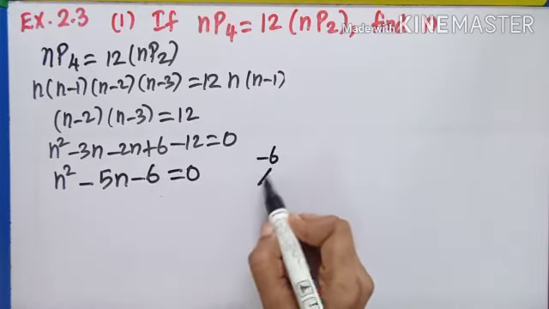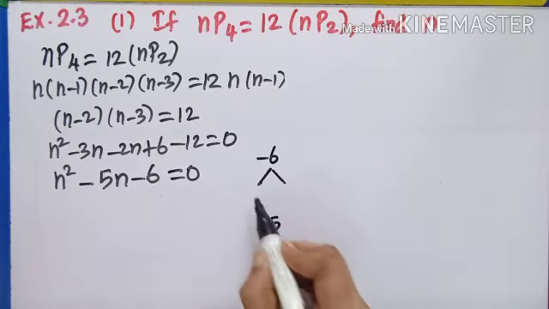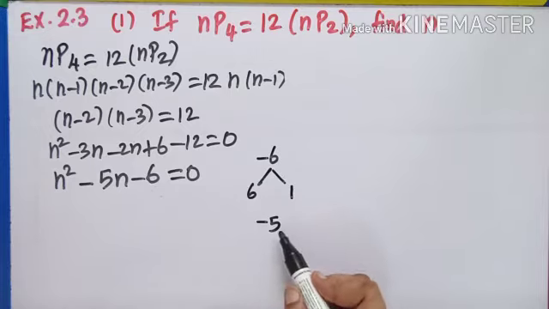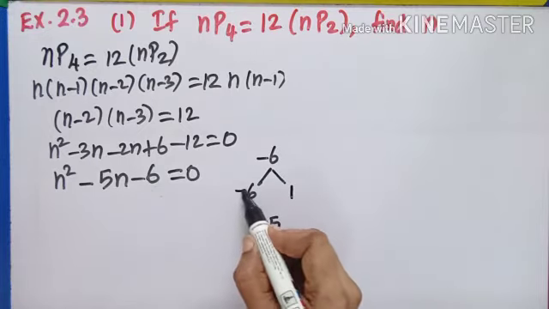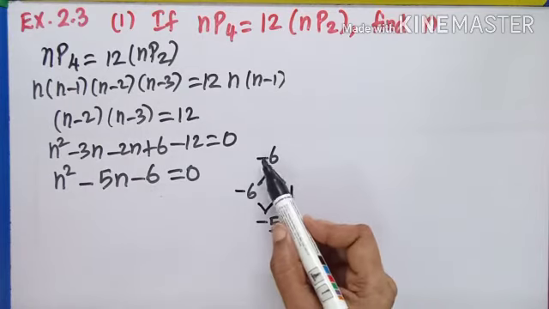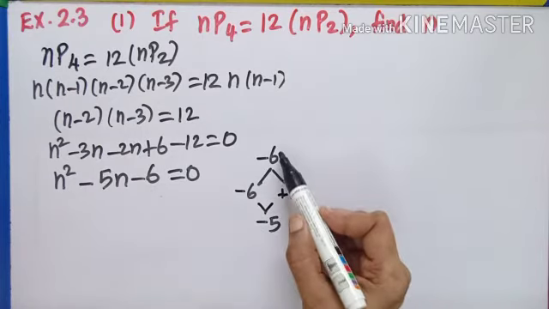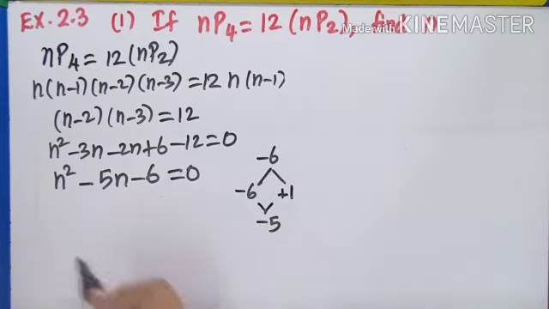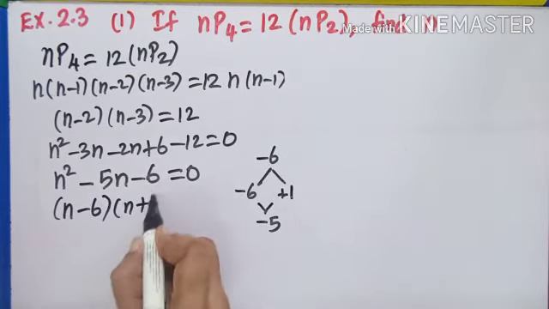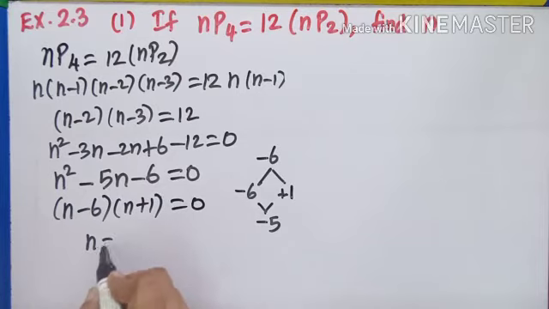Factorizing: the product is minus 6 and I want minus 5, so minus 6 plus 1. Check whether it is correct: minus into plus is minus, 6 ones are 6, minus 6 plus 1 is minus 5. So I get n minus 6 into n plus 1 equals 0, or n is equal to 6, minus 1.